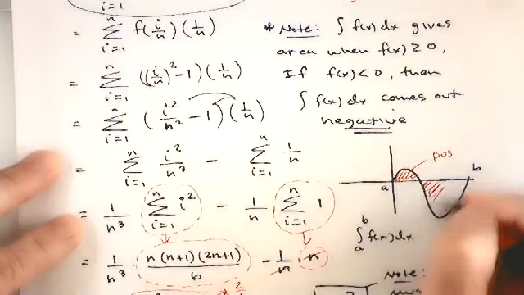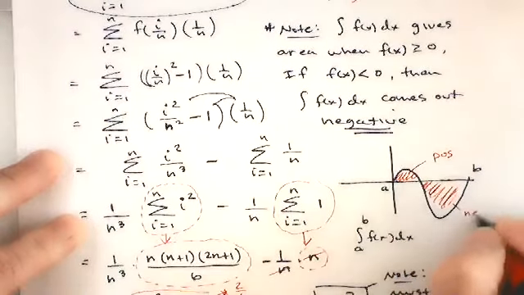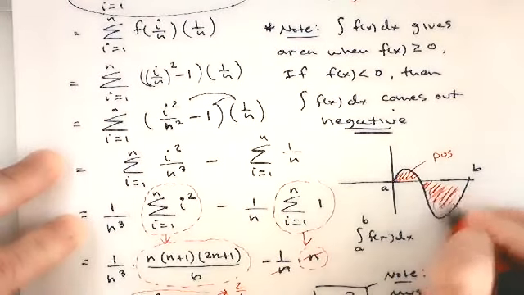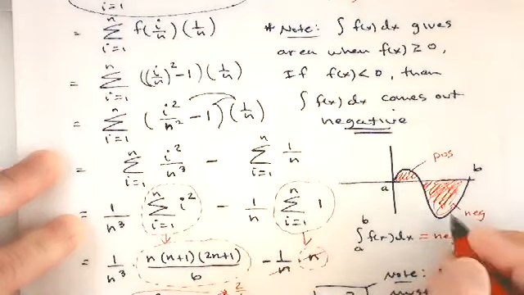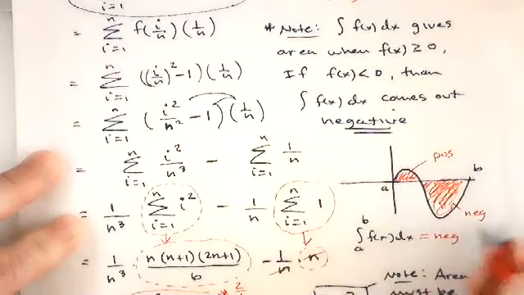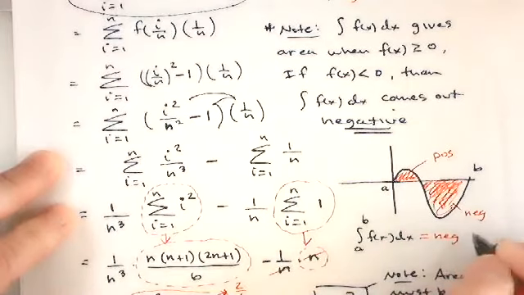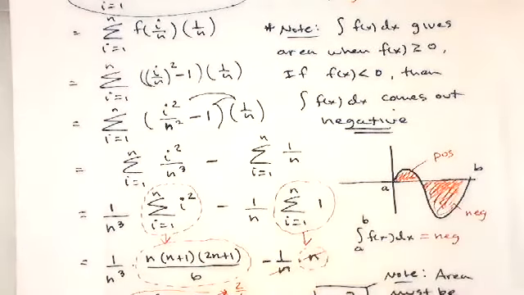This part right here would come out to be negative. And because there's more negative area, so to speak, than positive area, I'm pretty sure this integral would come out to be negative. But what would the actual area of this red shading be? It would be really hard to determine if you just did it that way. But it is important to know that when a graph goes below the x-axis, the value of the integral is going to turn out to be negative.